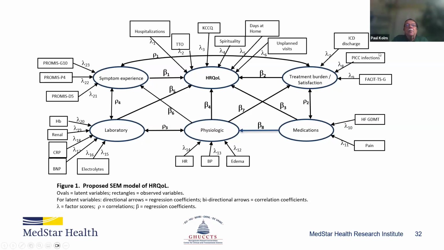And then I didn't put them here because it got too complex, the correlations between these different measures, which there no doubt would be, particularly for the PROMIS measures. Those are probably correlated, maybe not highly, but to some degree. So anyway, this is a really complex model.